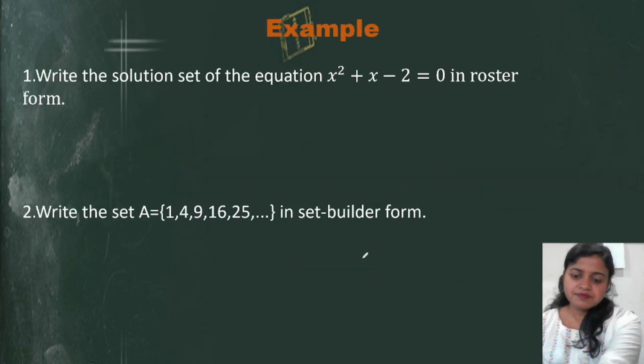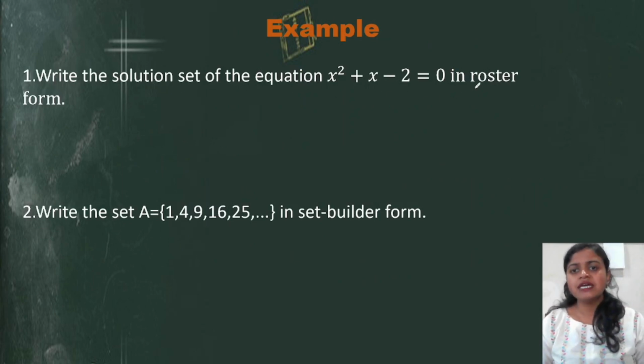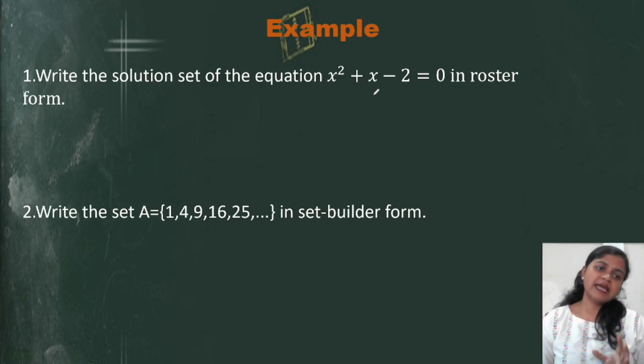Next, for example, write the solution set of the equation in roster form. It means we have to find the roots of this equation and write the set in roster form, meaning listed form.